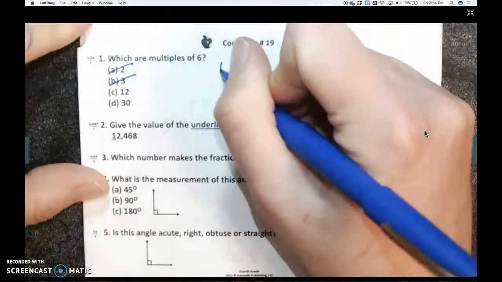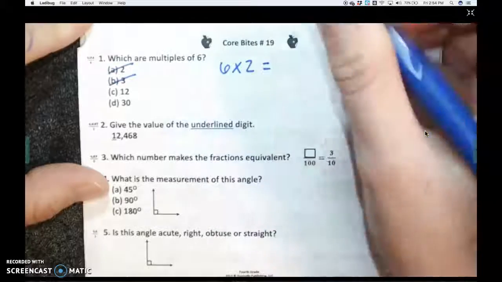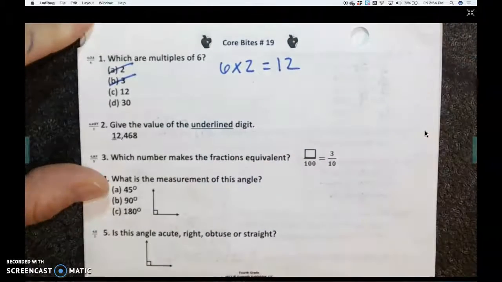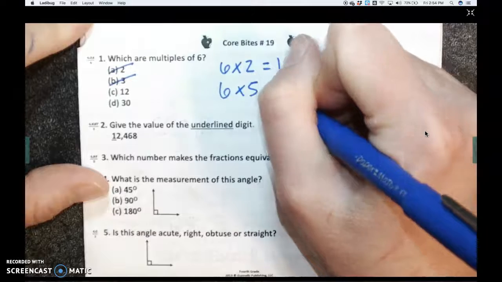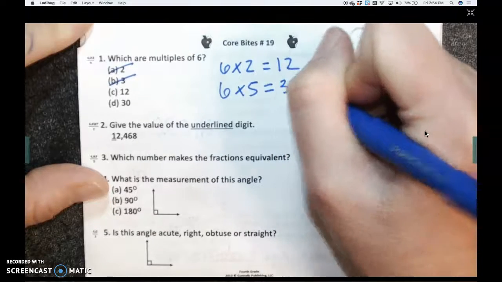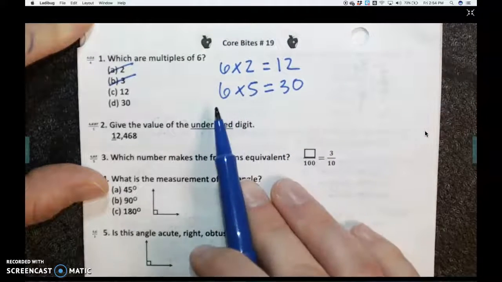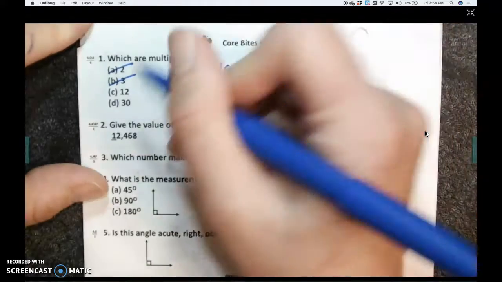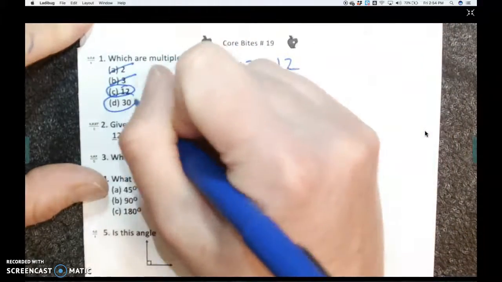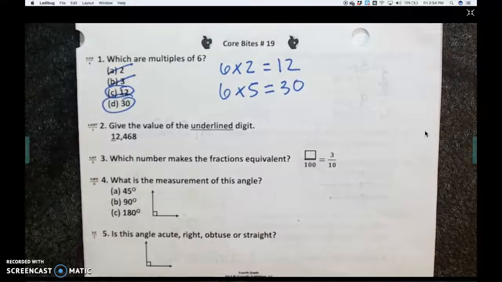But 6 times 2 would give you 12. And 6 times 5 would give you 30. So these would be the factors that create those multiples. So your answer for this one is actually 2 answers, C and D.